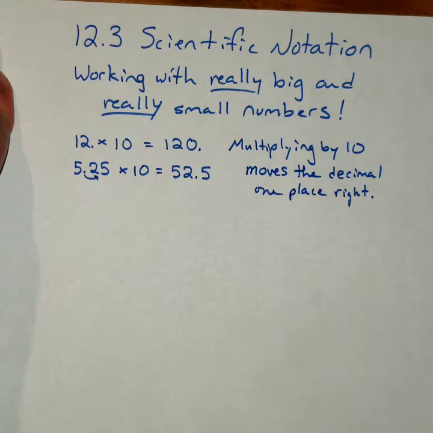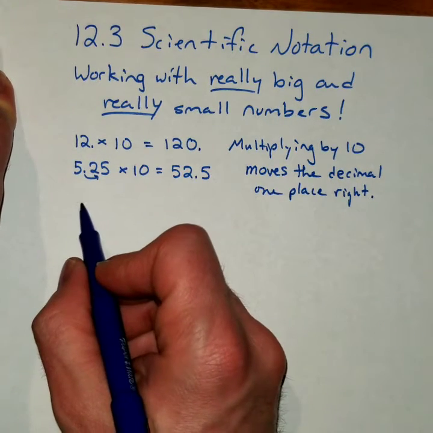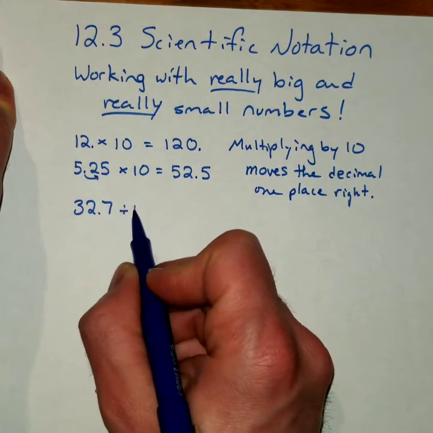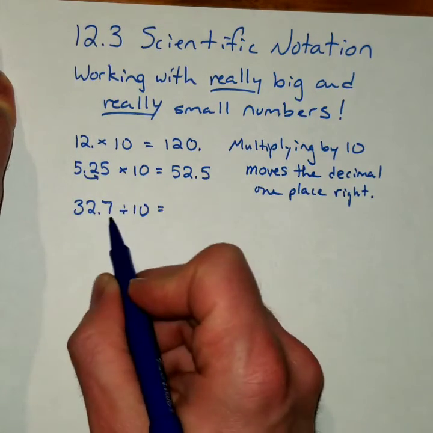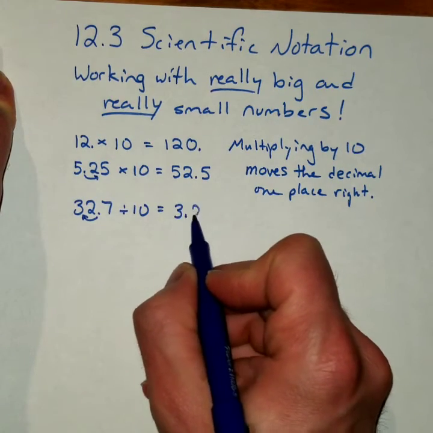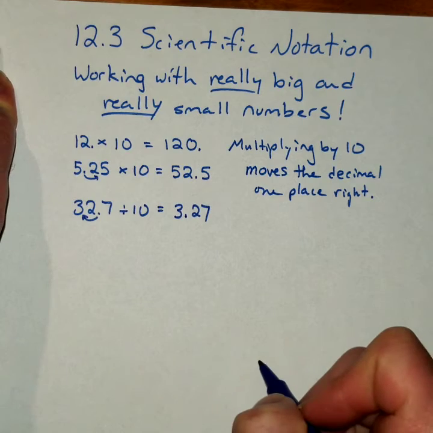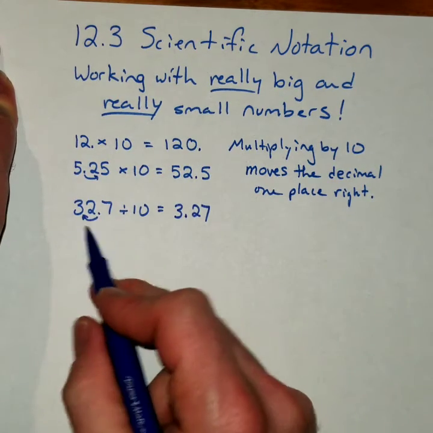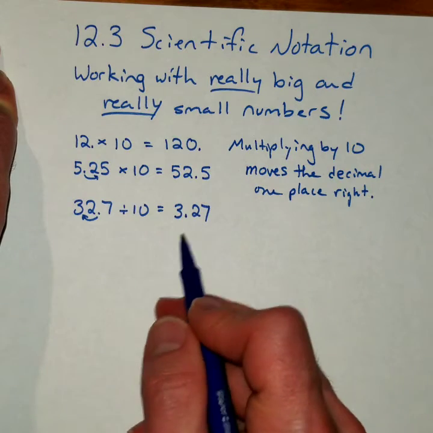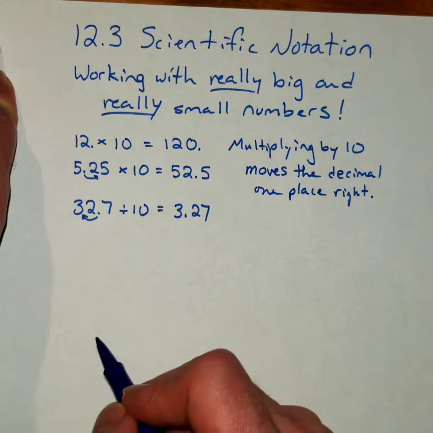Now dividing by 10 has the opposite effect. Okay, if I had 32.7 and I wanted to divide by 10, well, that moves the decimal one place left, and it becomes 3.27. Okay? And that works for any kind of number, whether it's a decimal, a whole number, anything. You divide by 10, it moves the decimal to the left.